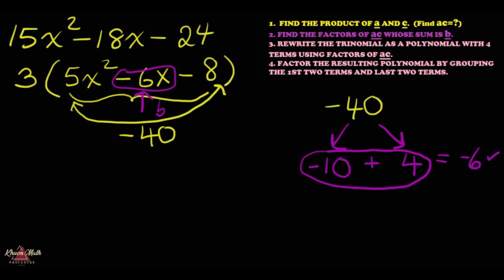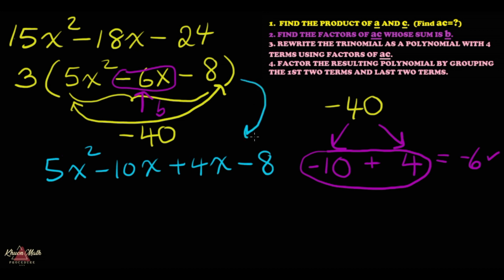So what we're going to have is 5x squared minus 10x plus 4x and then minus 8. So we went from 3 terms to 4 terms. With the 4 terms, we can use the grouping method to factor the polynomial.